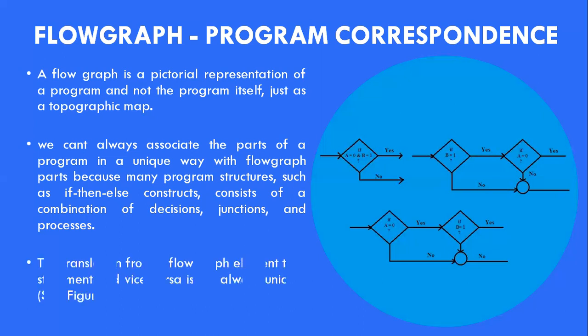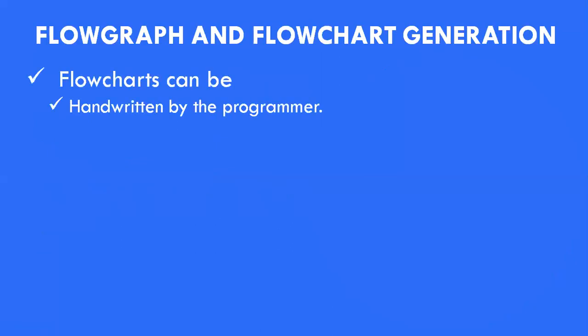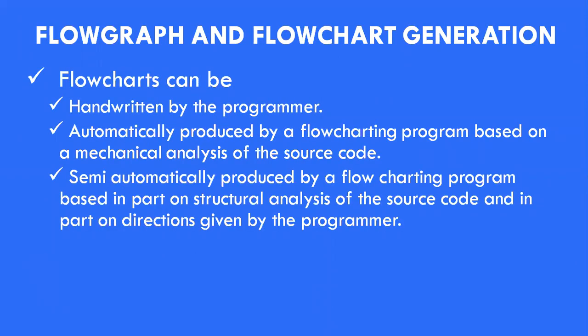So let us see the different ways of generating flow graphs and flowcharts. Flowcharts can be handwritten by the programmer, or automatically produced by a flowcharting program based on some mechanical analysis of the source code, or semi-automatically, produced by a flowcharting program based in part on a structural analysis of the source code, and in part on directions given by the programmer.